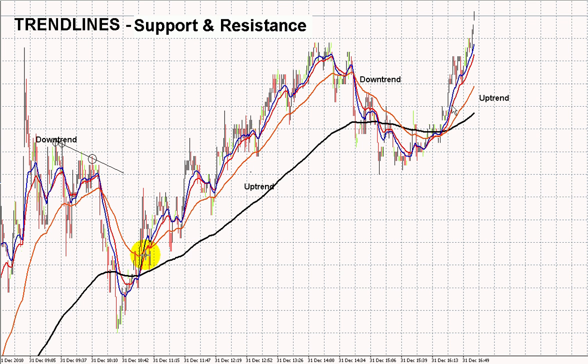Resistance in the sense that every time the market gets up to that point, it retraces, meaning coming down. So that is a trend line, which is a resistance trend line.